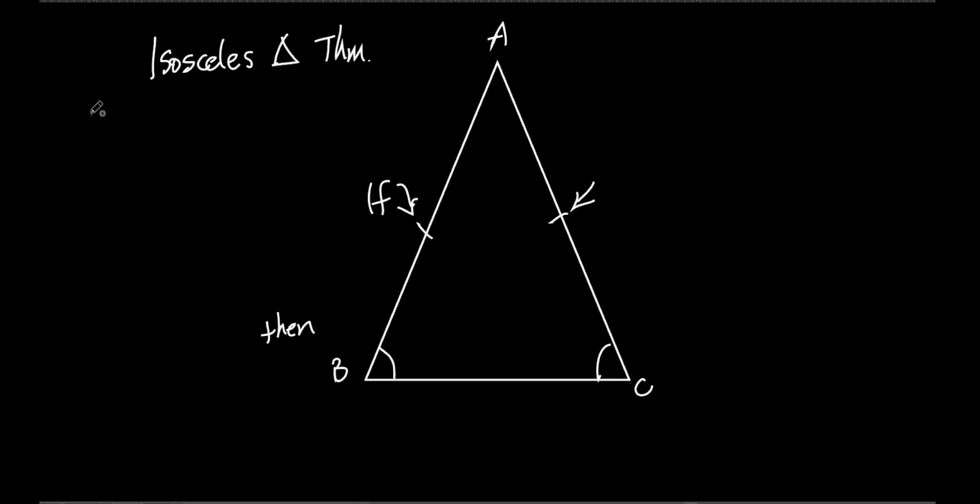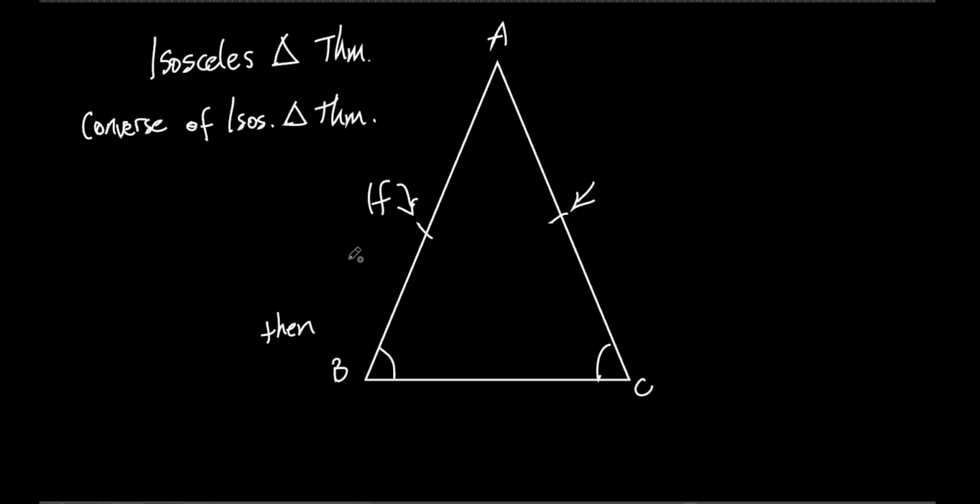Now, we have a thing called the converse. What does that mean, to take the converse of it? The converse of the isosceles triangle theorem. What did the actual isosceles triangle theorem say? What was the if part?